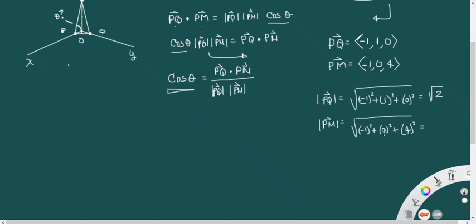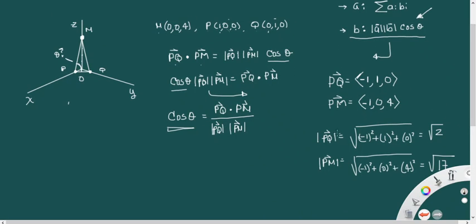This is 1, this is 0, and 4 squared is 16, so the length for vector PM will be the square root of 17. Now we have the lengths for these vectors, and we have the components for these vectors. Now the next step is to substitute these values into this expression, so we can get the cosine or the quotient from the sides that represent these two vectors in the plane.